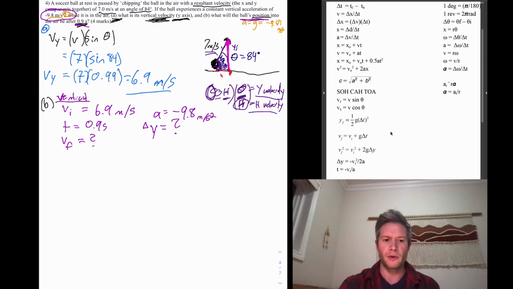Now, when we're looking at projectile motions, one of the places we can start at is down here. We're looking at these equations. I remember that acceleration can also equal g, so it's all the same thing. So that I have. Do I have time? Yes. Do I have the change in velocity? No. Or change in displacement? I don't. Okay, so that's a possibility.